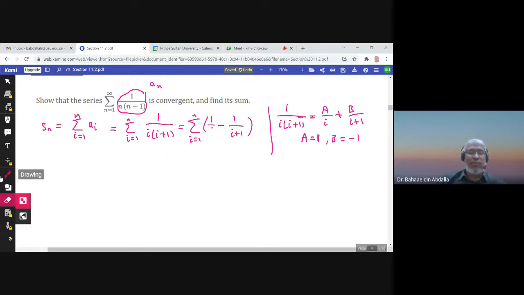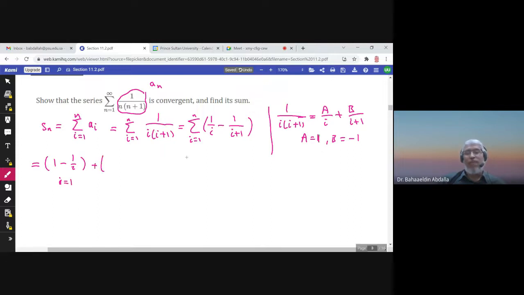Why? Let us see. Let us find this sum. Okay, let us expand the summation. So replace i by 1. When I replace i by 1, I'll have 1 minus a half. This is when i equals 1.